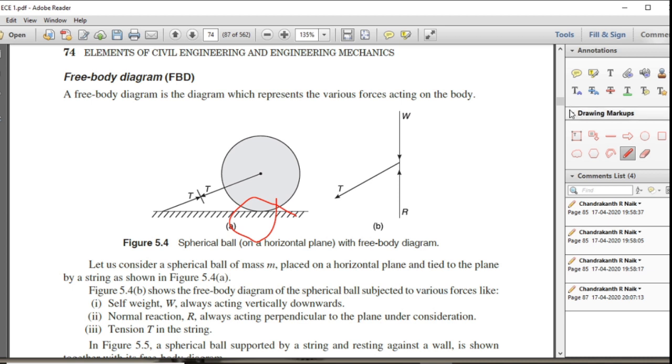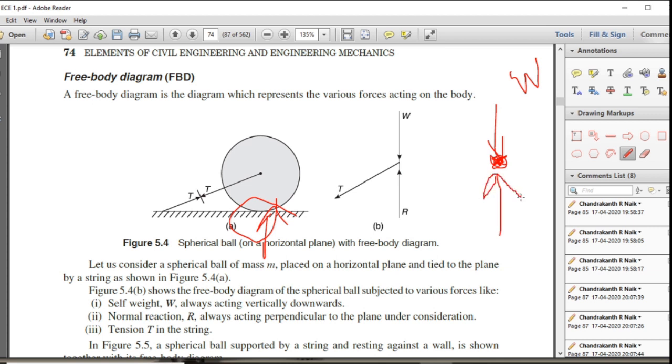How shall we write the free body diagram? Take a point. The weight of the sphere always acts in the downward direction. This is W. Then there is a reaction R, opposite to the weight, given by the contact surface.